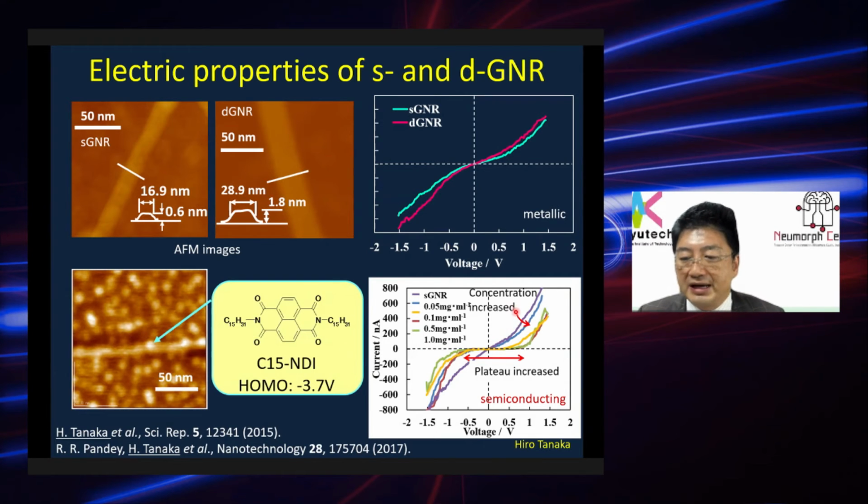And by increasing the number of molecules adsorbed onto the graphene nanoribbon, the IV curve changes from the metallic one to semiconductor-like behavior. So by adsorbing the molecule to the graphene nanoribbon, it can be controlled from metallic to semiconductor conduction.